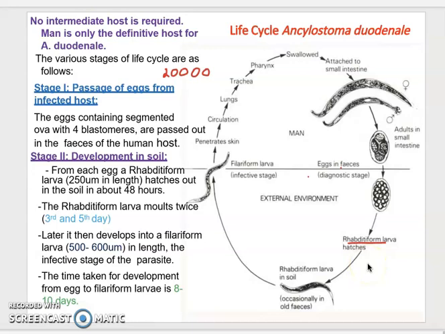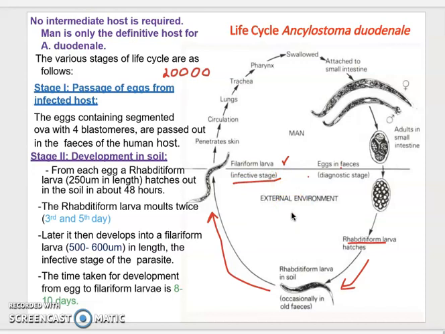It undergoes two successive molts, and in about a week it transforms into a second juvenile form called the filariform larva.